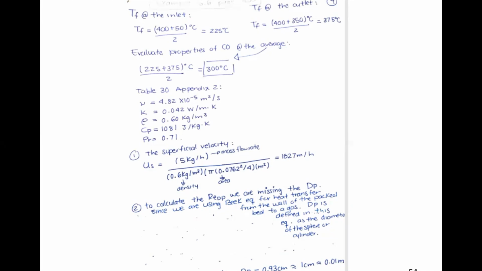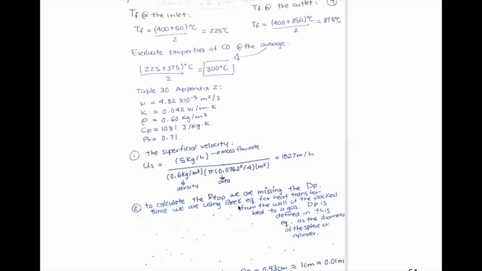Besides the superficial velocity, we need to calculate the Reynolds number based on the diameter of the particle, because for packed beds we are now using the diameter of the particle, right? Since we are using the Beek equation, we need to see how Beek defined the diameter of the particle, because remember each one defined the diameter of the particle differently.